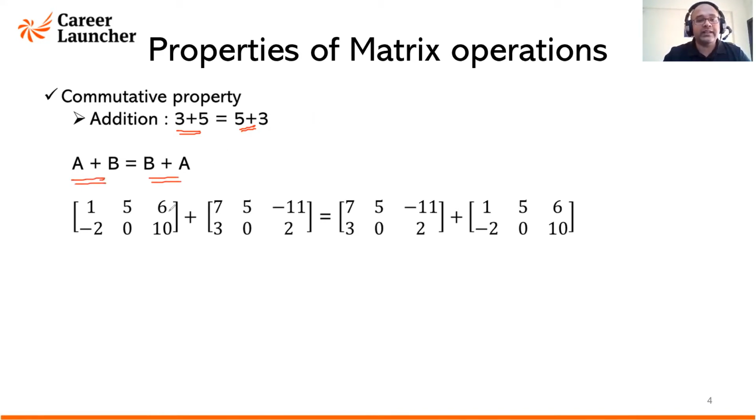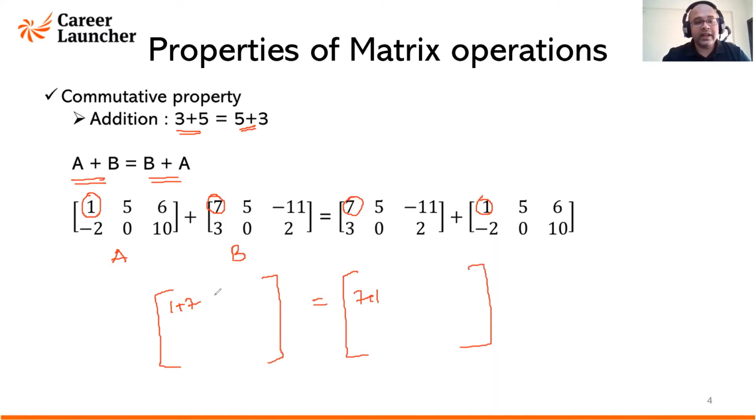That is what we are trying to answer. If this is matrix A and this is matrix B, addition of matrices, if you remember, is basically addition of corresponding terms. So whether you add 1 plus 7 or 7 plus 1, it does not matter. The final matrix will remain the same.